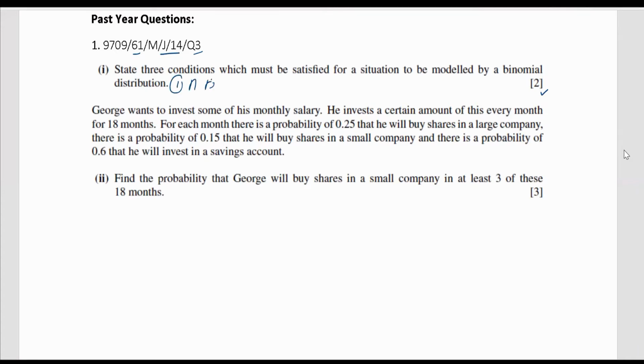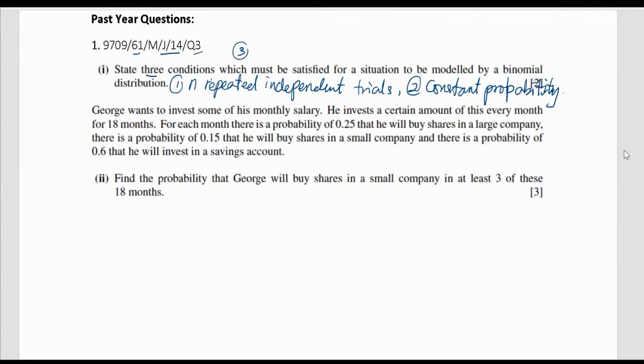N repeated independent trials. Second, constant probability. Okay, so that's 3. Then what else?